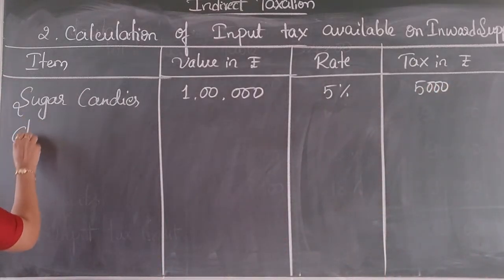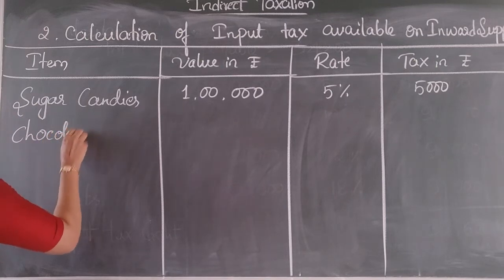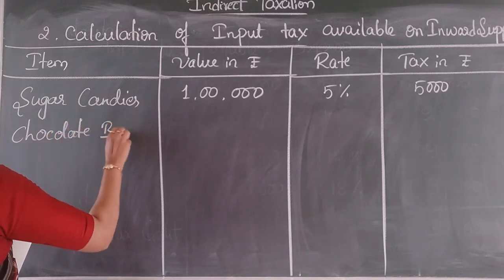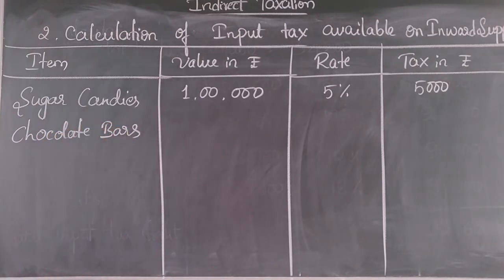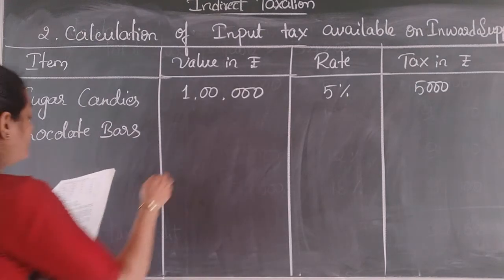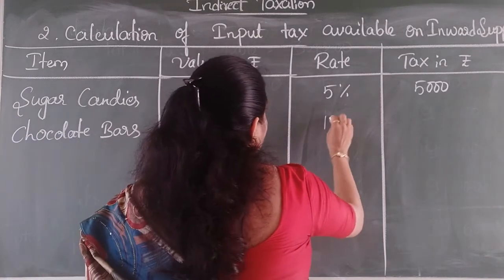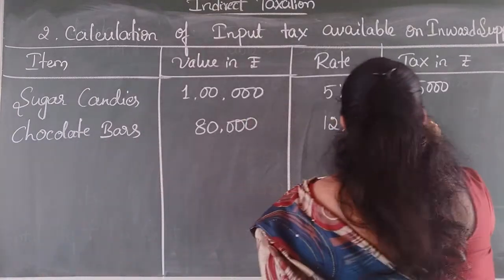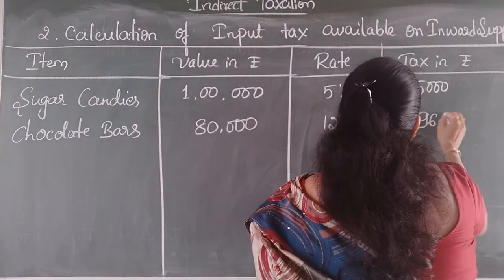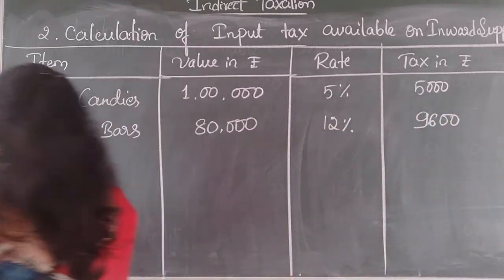Chocolate bars, total inward supplies is 80,000. 12% is the rate of tax. 12% into 80,000 is 9,600. Wafers packets.